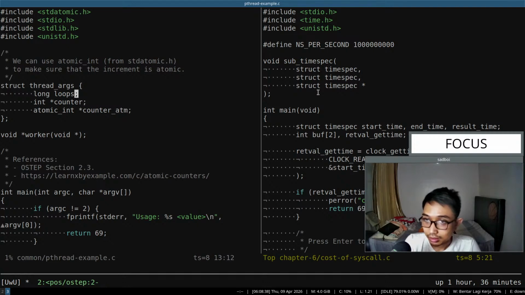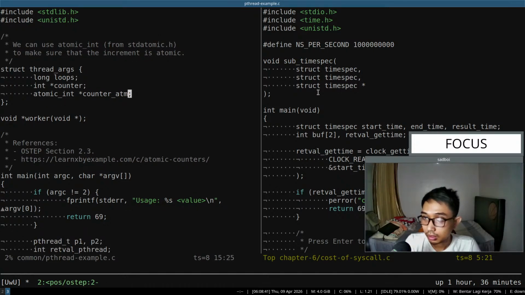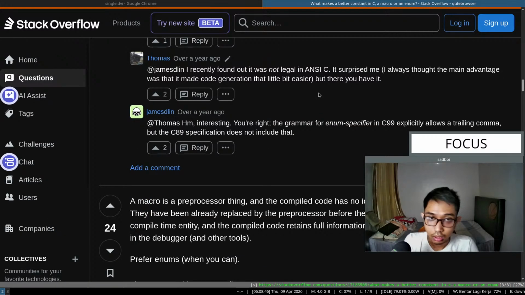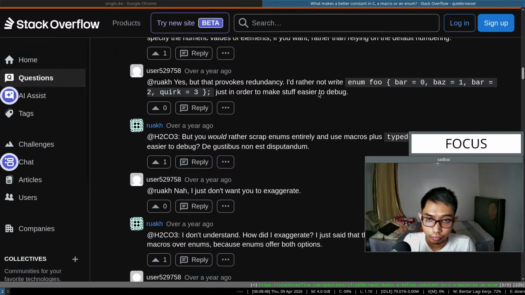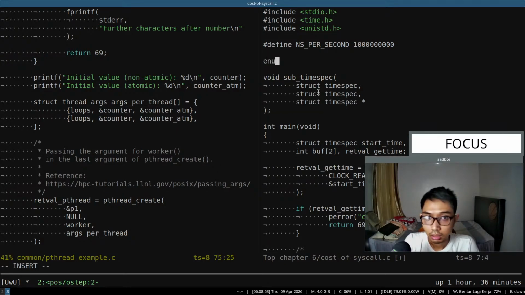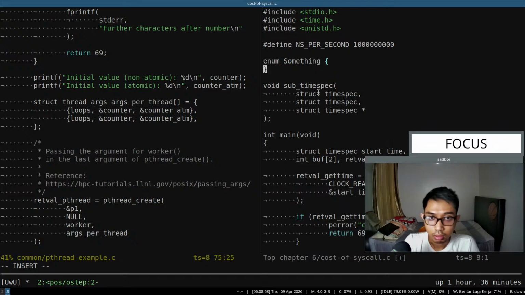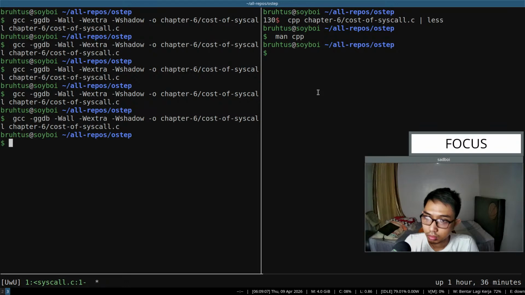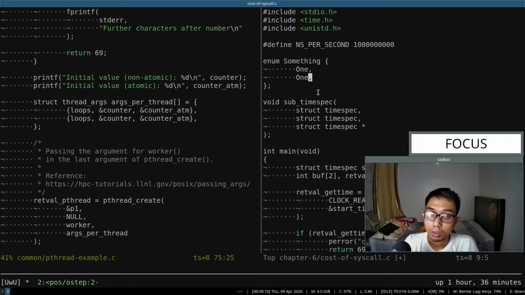Struct uses a semicolon. Okay. So we can use the trailing comma in enum. Is that it? Okay, interesting.